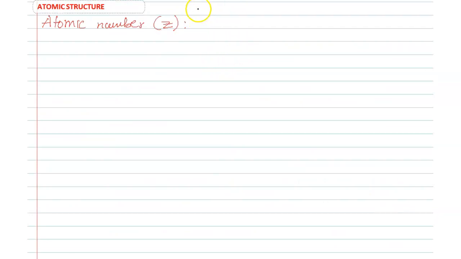Atomic number is equal to the number of units of positive charge in the nucleus.